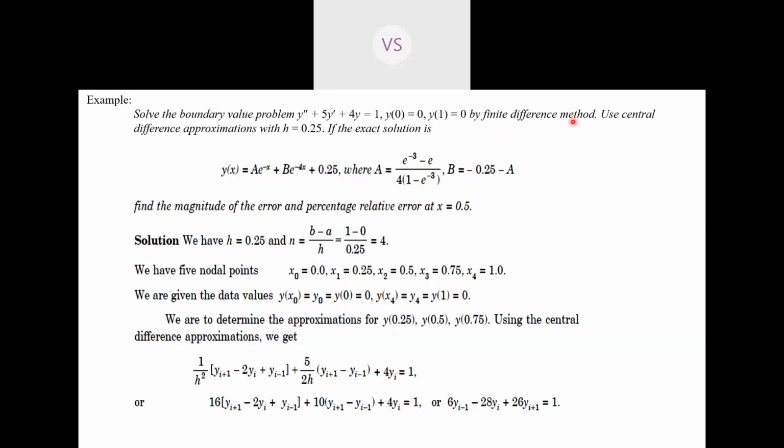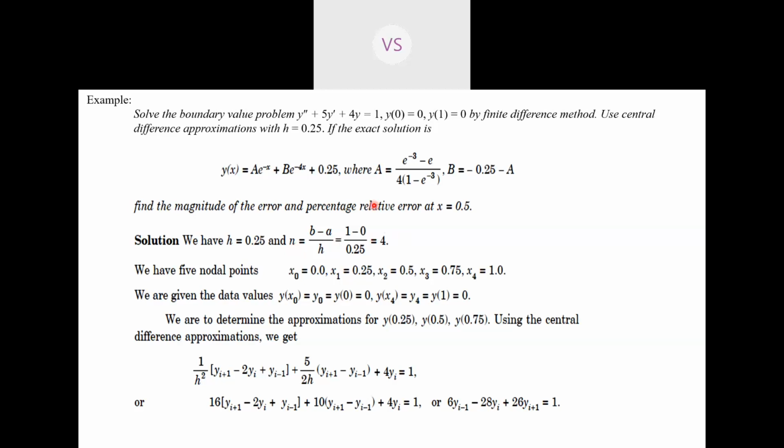Then we have to find the magnitude of the error and percentage relative error at the given point x is equal to 0.5. You have to solve this problem by numerical method, and that numerical method is central difference approximation. So we have h is equal to 0.25, so n is equal to 4.